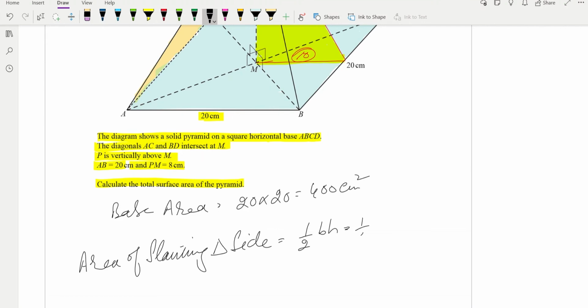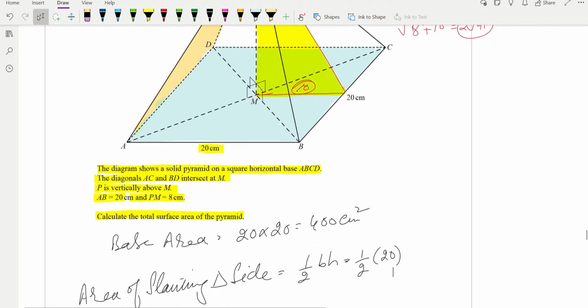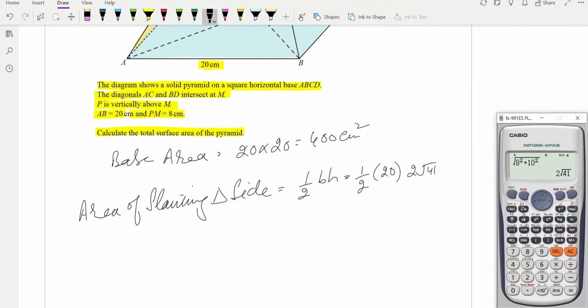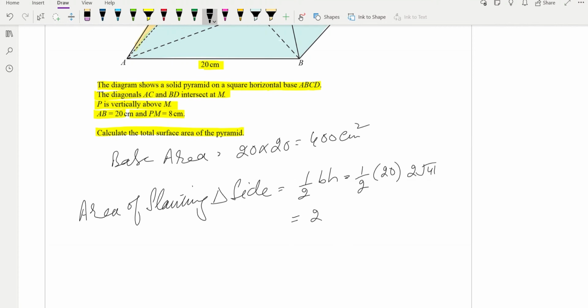The base is 20, so 1 by 2 into 20 into height, which we have just calculated as 2 square root of 41. Multiply by 20 and divide by 2 is equal to 20, so this is equal to 20 square root of 41.